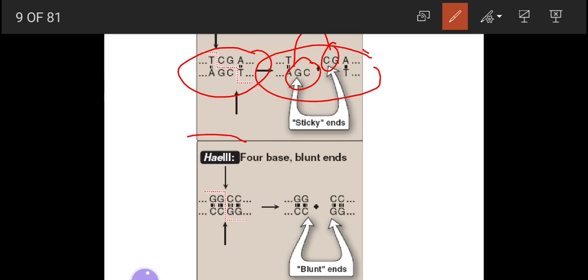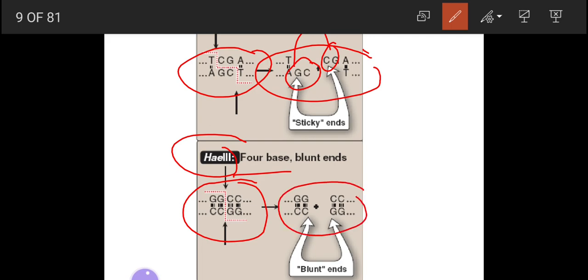This is HaeIII, which can recognize 4 bases, and when it attacks this type of sequence, it will produce blunt ends. They do not have overhanging sequences to bond with complementary sequences.